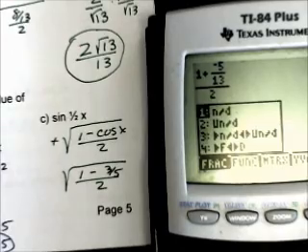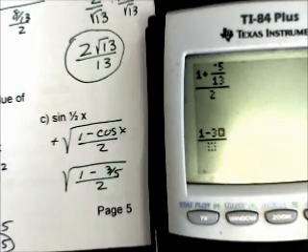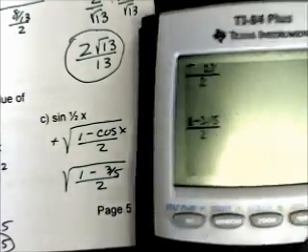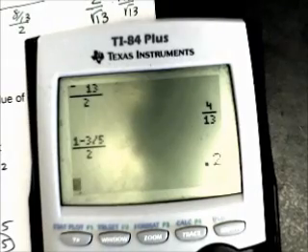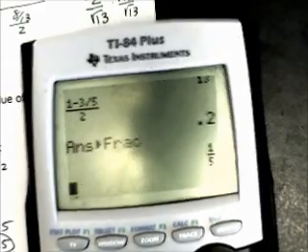Alpha y equals, again without the square root symbol, 1 minus, we'll just make it a little easier, 3 divided by 5, and then all over 2. That's 0.2. I do need the square root of it. So let me math frac that. That's 1/5.